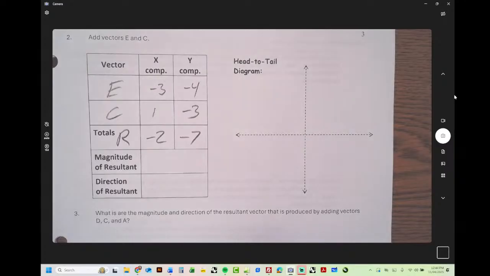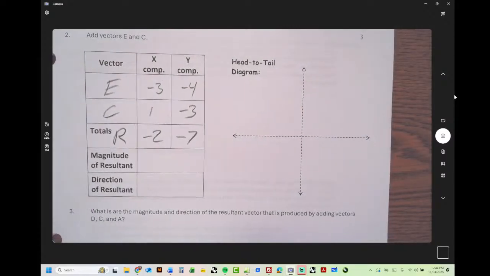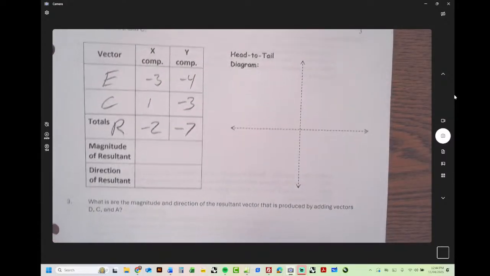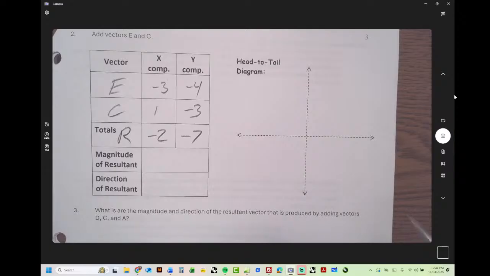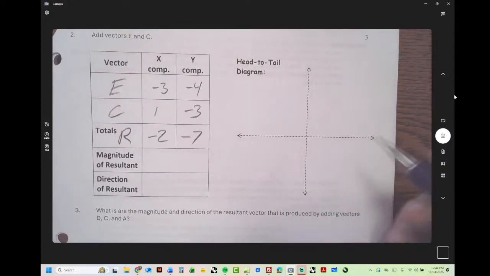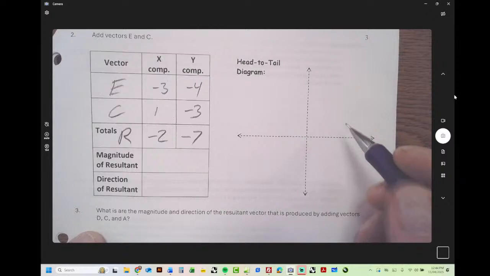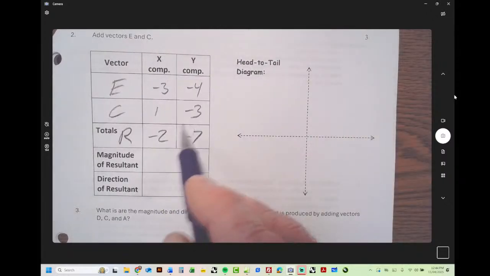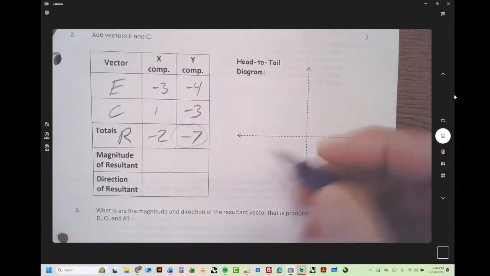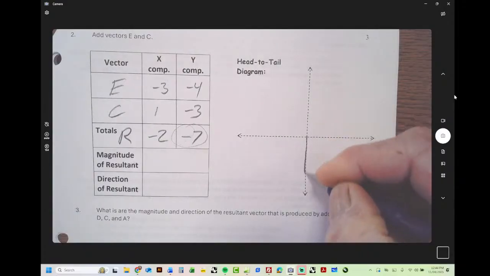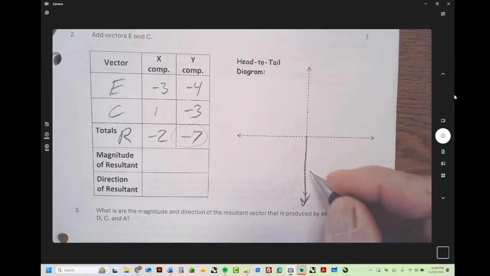I'm going to draw mine like most people haven't drawn yours. So here's the way most of you haven't done it. I'm going to do the y component first. I'm going to go straight down 7. That's not the way most people did it, right?